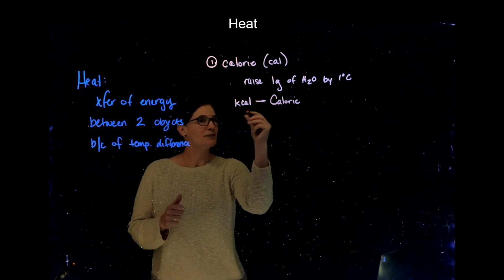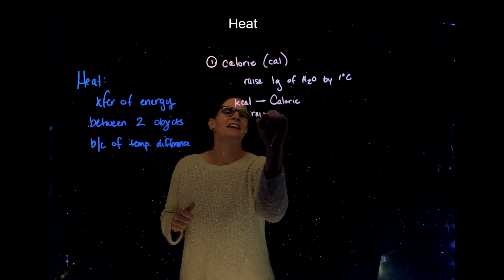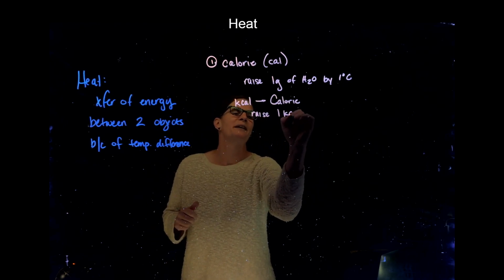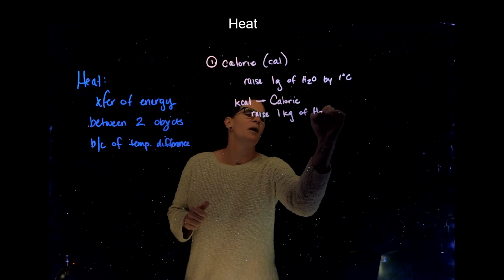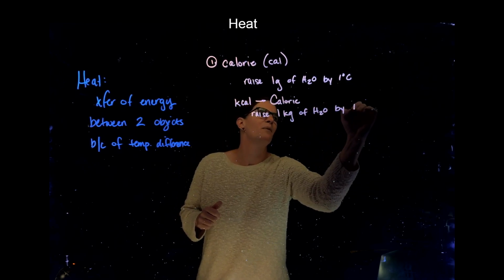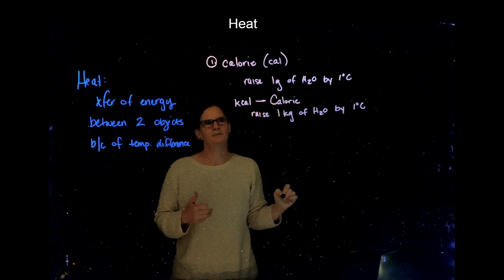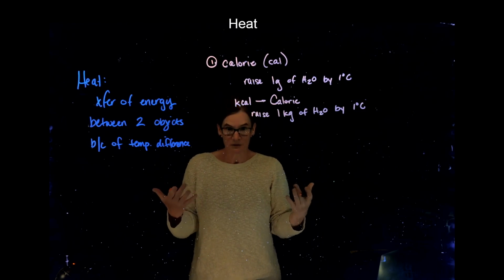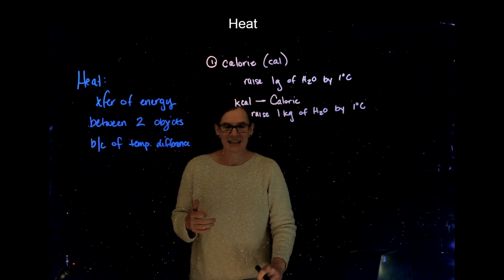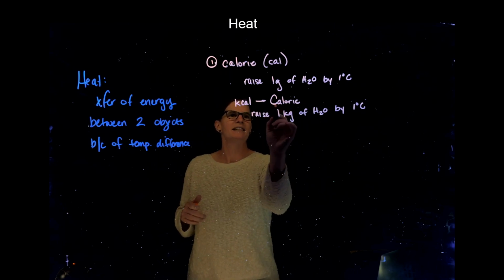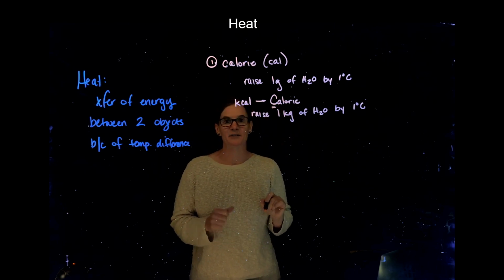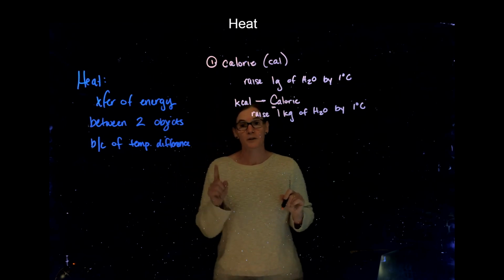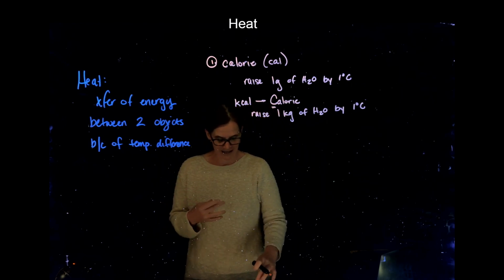Calories with a capital C, that's the energy required to raise 1 kilogram of water by 1 degree Celsius. Okay, capital C calorie is what we see when we talk about the energy of food. So that's that energy value in food. That's the capital C kind of calorie, so a kilocalorie. All right, that's one unit we use to talk about heat.